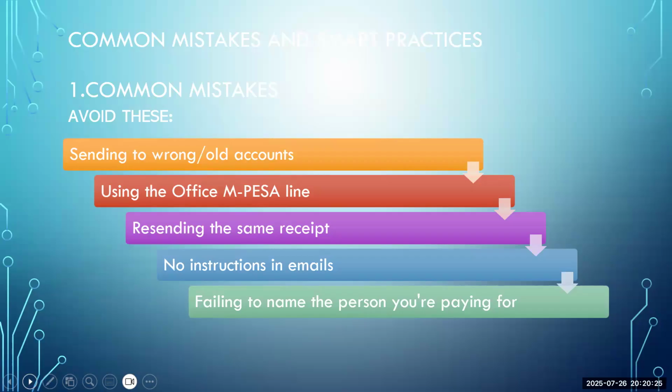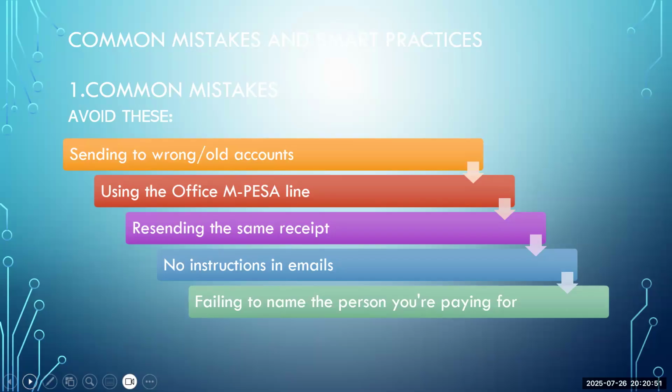So we encourage members to use the new bank details on the WhatsApp wall or Telegram wall. Then some members send payments to our M-Pesa line. That is the office number, which doesn't have M-Pesa active.